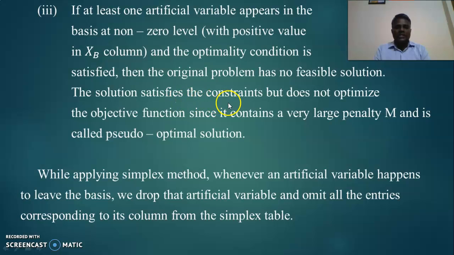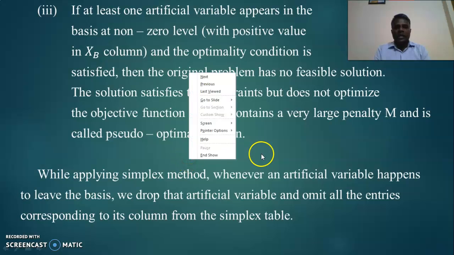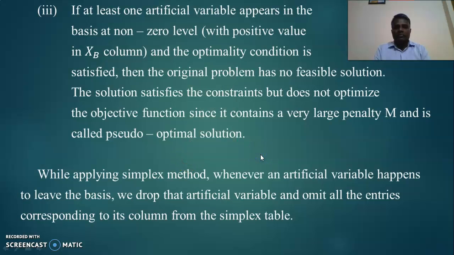The solution satisfies the constraints but does not optimize the objective function since it contains a very large penalty M, and is called a pseudo-optimal solution. While applying simplex method, whenever an artificial variable leaves the basis, we drop that artificial variable and omit all the entries corresponding to its column from the simplex table.